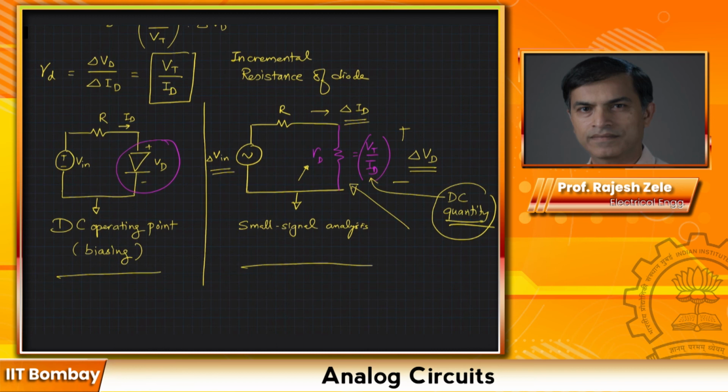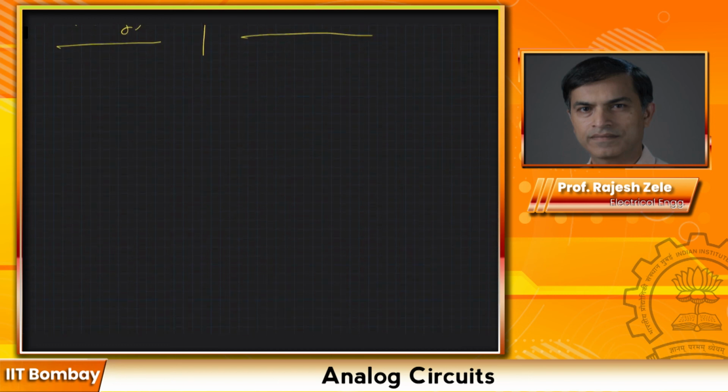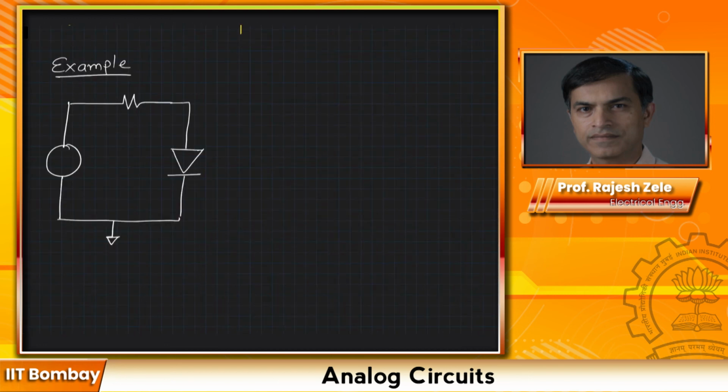Let me go through one numerical example so that the point will be clear. Let's start from the previous example. This is a circuit. Please draw the circuits in your book. You must keep a book for this class where you take your own notes, because once you write them, things will make sense to you.